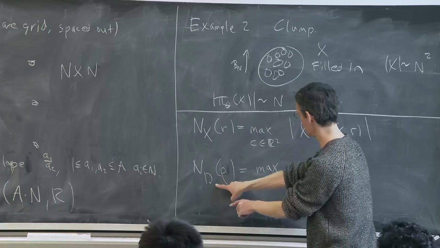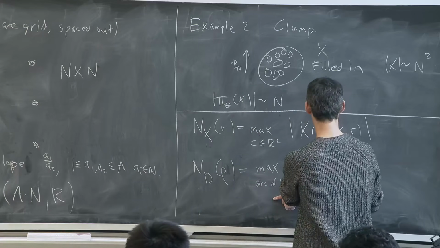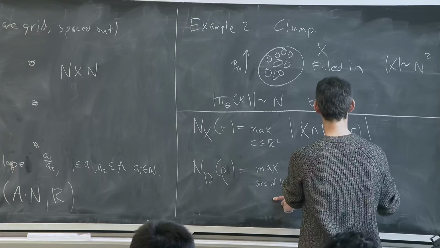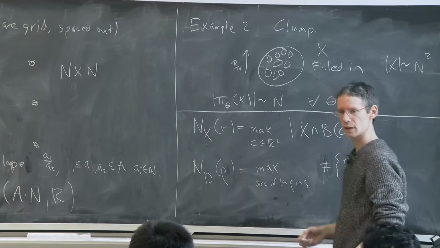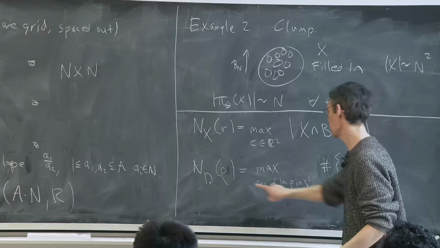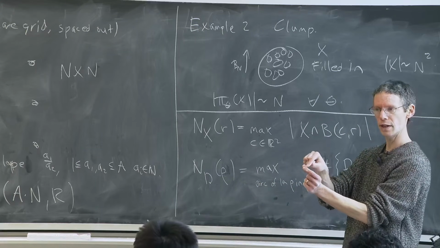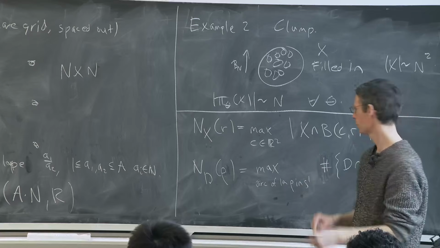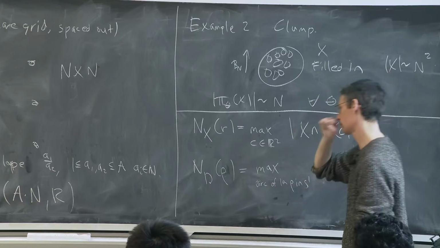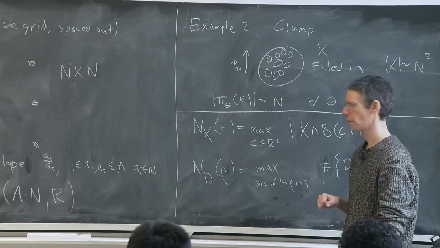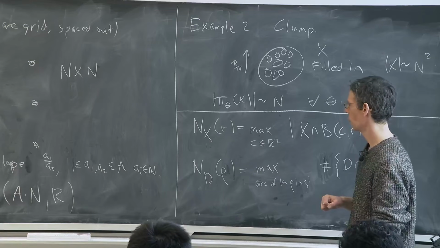So here the directions is a subset of S1, and we count the number of directions in the arc. So you pick a particular parameter, a size rho, and you ask how many directions are there in an arc of size rho. So that's this thing.